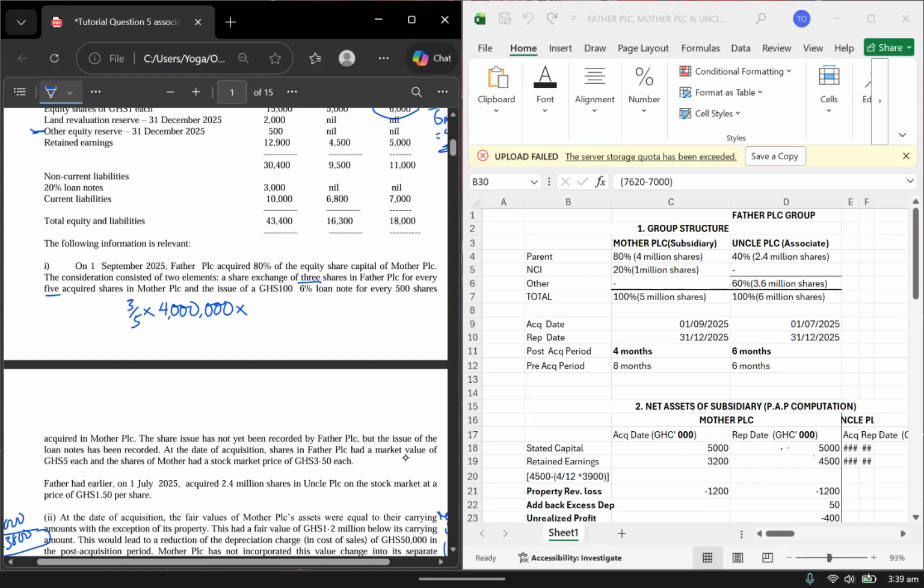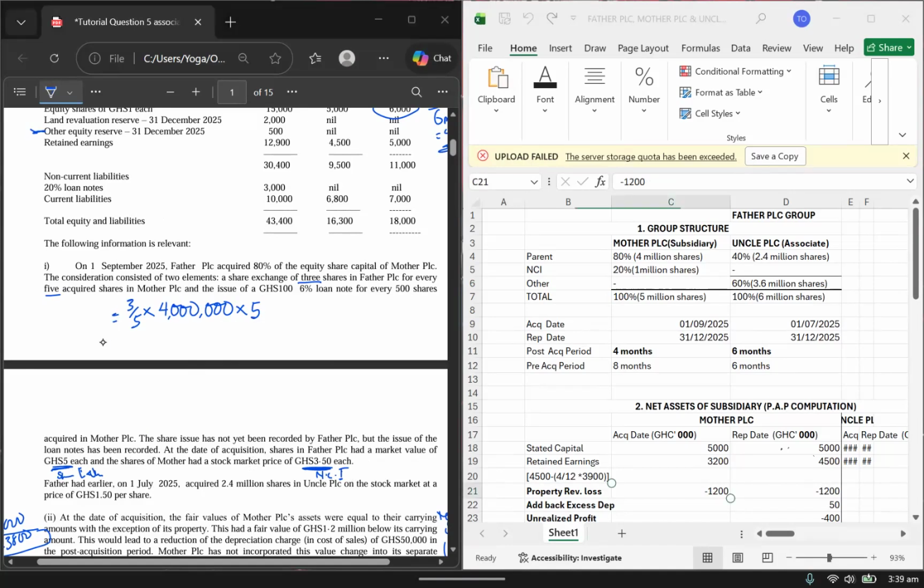They said Father PLC had a market value of 5, and then mother's own is 3.5. This mother's own is for calculating NCI. I've explained it already. And this is what we are using for the share exchange. Okay, so the parent is the one issuing shares, so it will be at the parent's share price of 5.